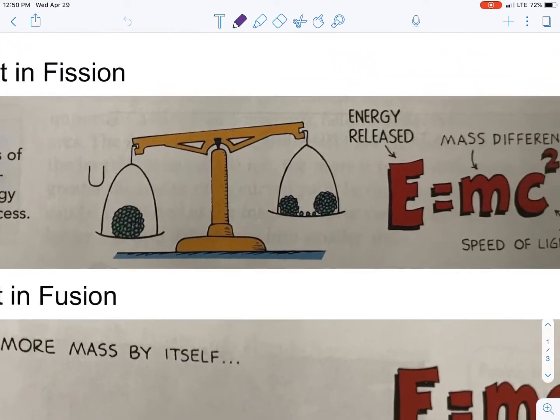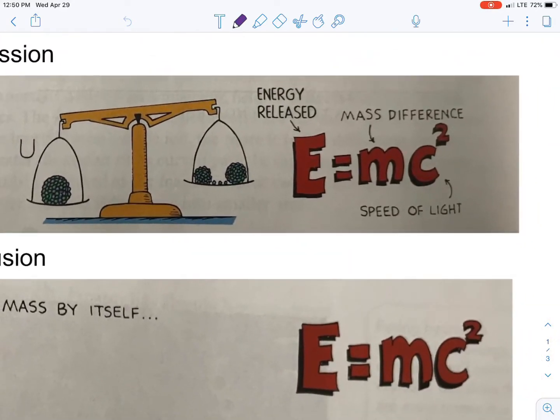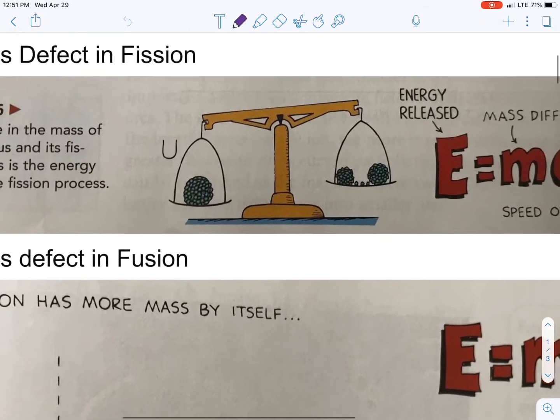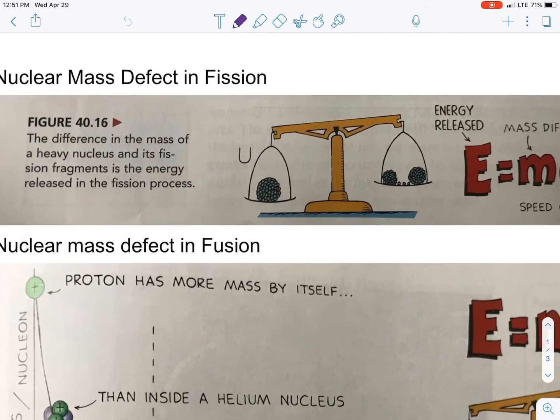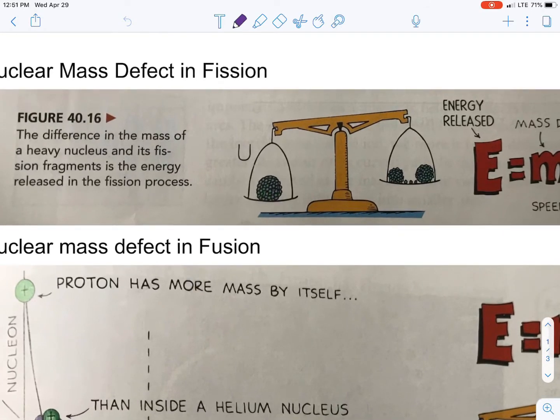And that goes back to E equals mc squared, where the mass difference, or that nuclear mass defect, times the speed of light squared, equals the energy released in a nuclear reaction. So that's how that works in fission. So it's splitting that way. The two nuclei, or the pieces, are lighter than the original.